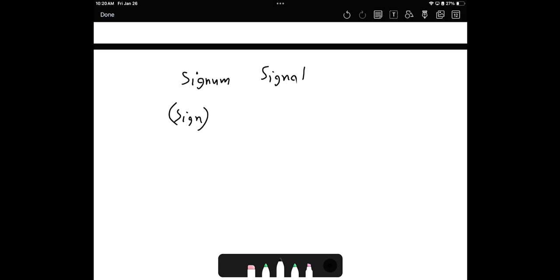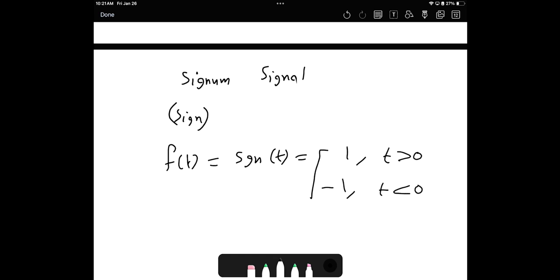We used to say f of t equals, as a shortcut, sgn, and you can even find it in MATLAB as the sign function. It equals 1 when t is larger than 0 or negative 1 when t is less than 0.